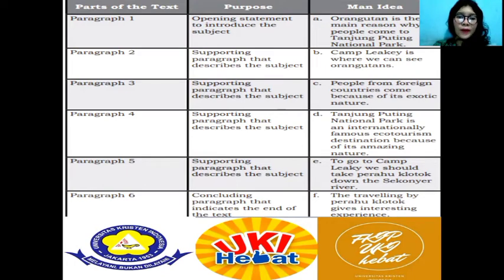Paragraph 1 is the opening, or we can call it identification, and paragraph 2 until paragraph 6 is the description. As you can see, the opening statement is to introduce the subject, right? That is called identification.